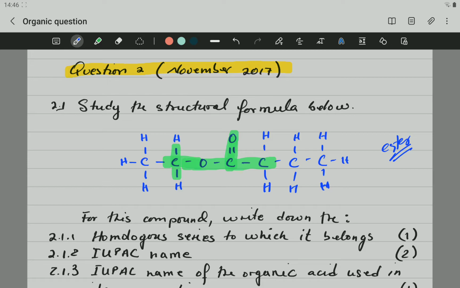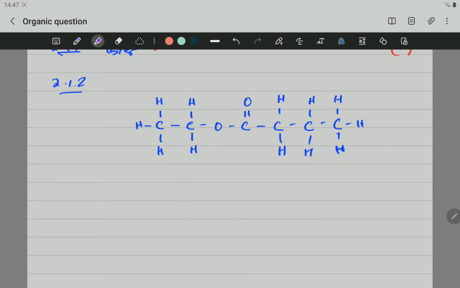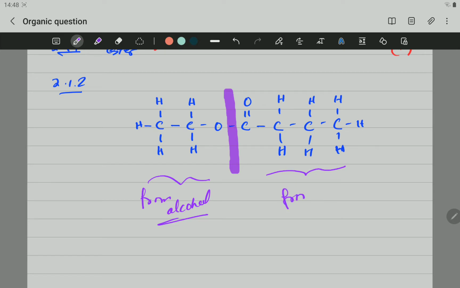2.1.2, the IUPAC name. Alright, this is the compound. Remember, there was a video done on this one. You have to divide the compound right there. This side, where the O is, is coming from the alcohol, and this other side is coming from the carboxylic acid.